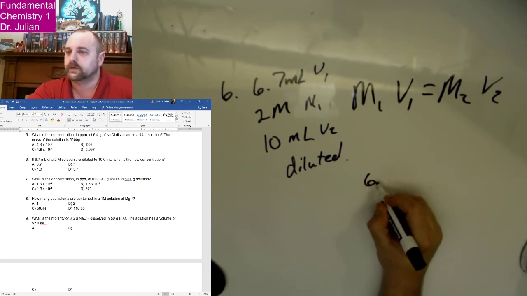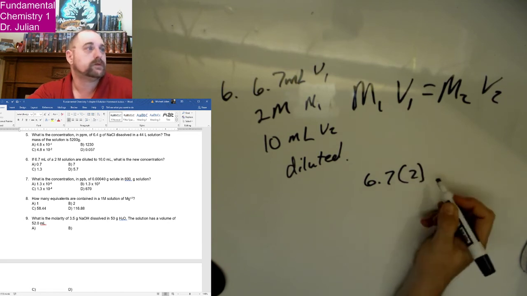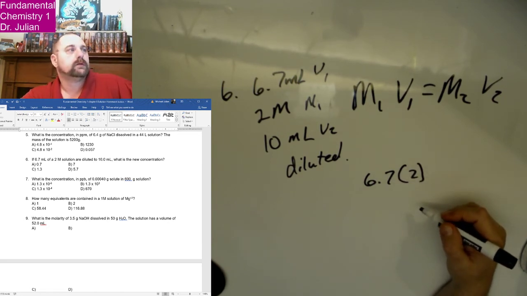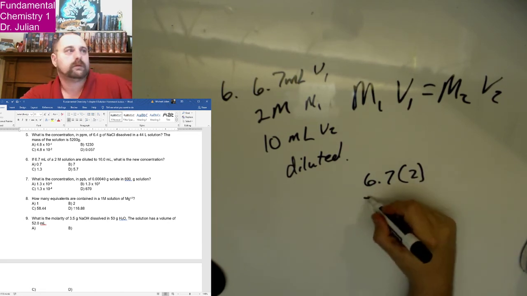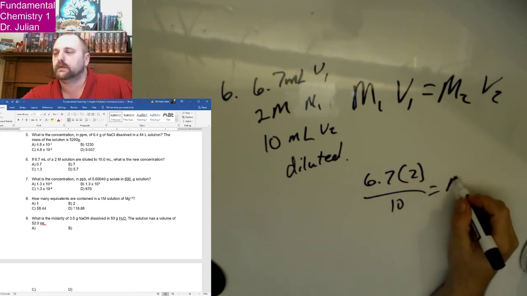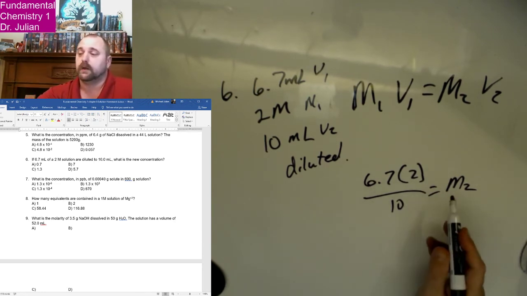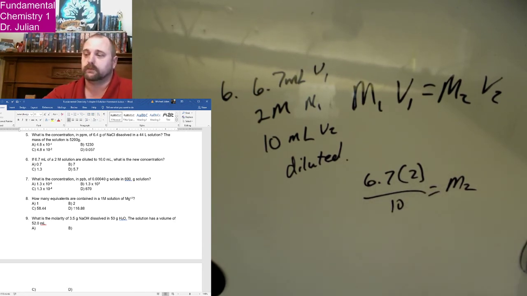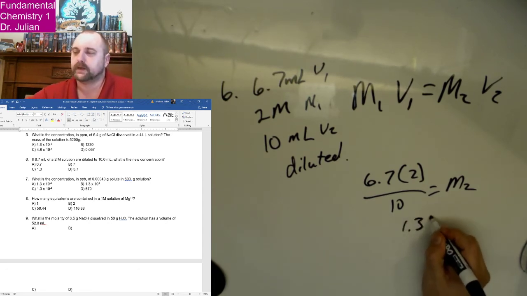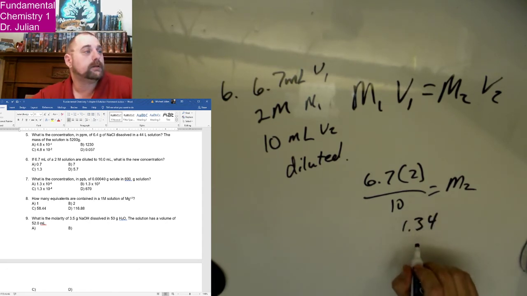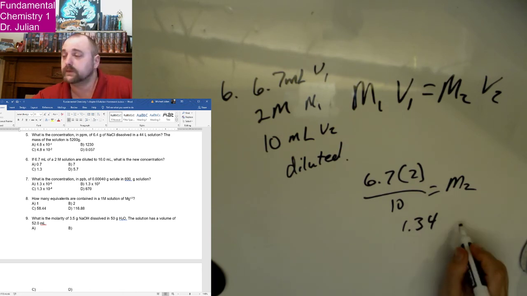All right. 6.7 times 2 divided by 10 will be M2. And notice I kept everything in milliliters. That's perfectly fine. 6.7 times 2 is 13.4, divided by 10, 1.34. All right. And do we have 1.3? That is C.